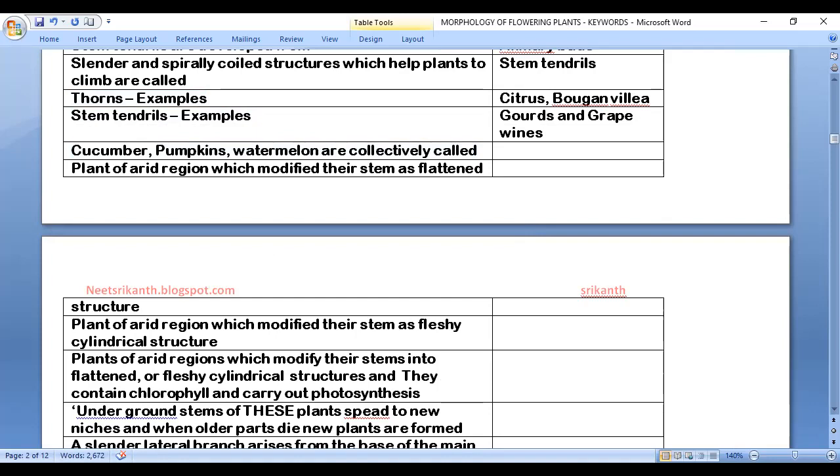Cucumber, pumpkin and watermelon are collectively called gourds.